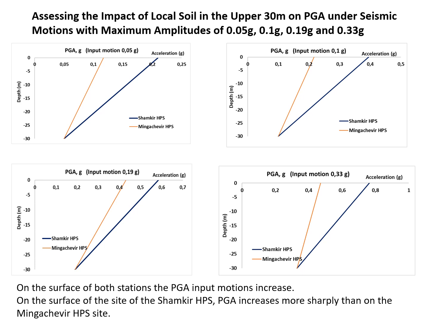From the results we see, at the surface of both stations, the peak ground accelerations of the input motions increase. On the surface of the site of the Shamkir hydroelectric power station, peak ground acceleration increases more sharply than on the Mingachevir hydroelectric power station site. We see that, in general, in all cases, peak ground accelerations at the surface are roughly twice as large as at the bedrock level.